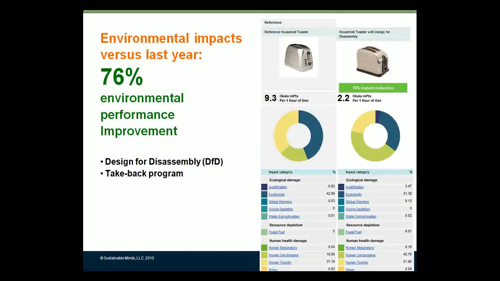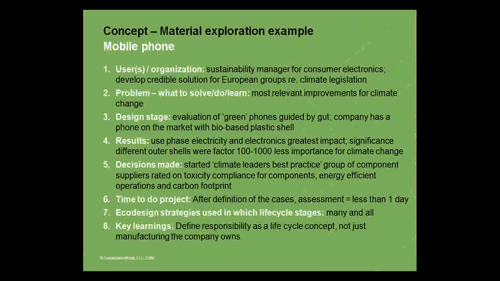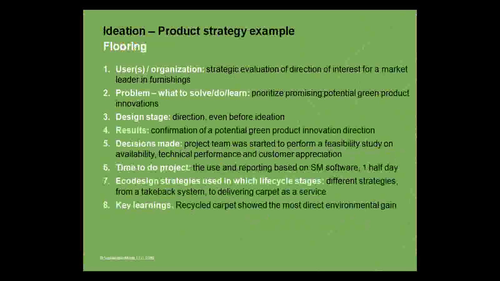Now, one thing I didn't show you, and maybe we can go back to that, is the flooring project and the takeaway from that. We looked at different materials. It was a product strategy example. The use of this project was a strategic evaluation of direction for the company based on interest and questions from the market for a layer and furnishing.